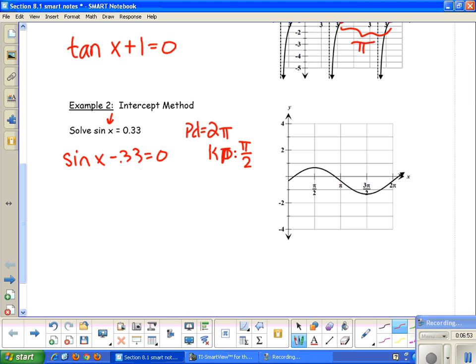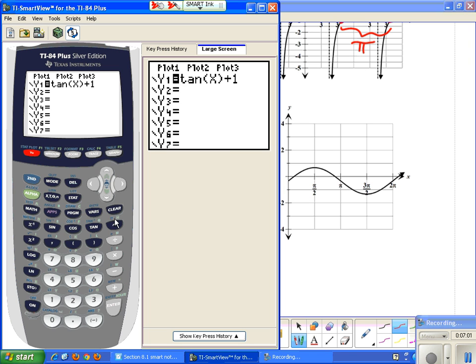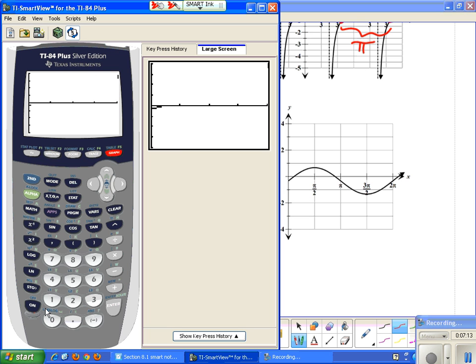So here's the graph which I did on here, or if you wanted to, of course, we could put this into our graphing calculator. So if I put this in my graphing calculator, I have the sine of x minus 0.33, and then I would hit graph.